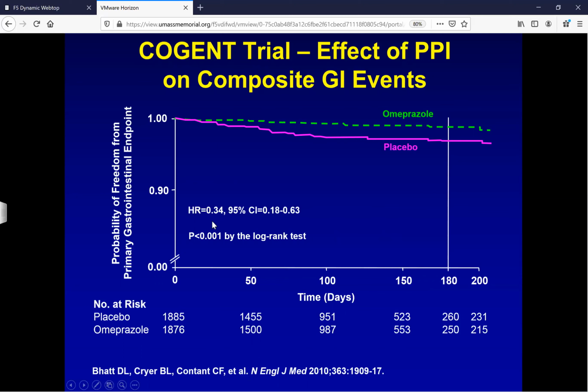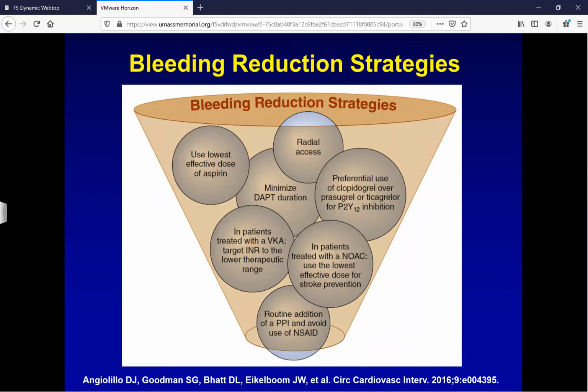As you can see, the COGENT trial was done again by Dr. Bhatt, and it found that if you are on a PPI, there's a decreased risk of bleeding and primary GI bleeding in these patients. So think about that when you are putting somebody on. Anyway, bleeding reduction is an important thing to think about because it is directly linked with mortality.